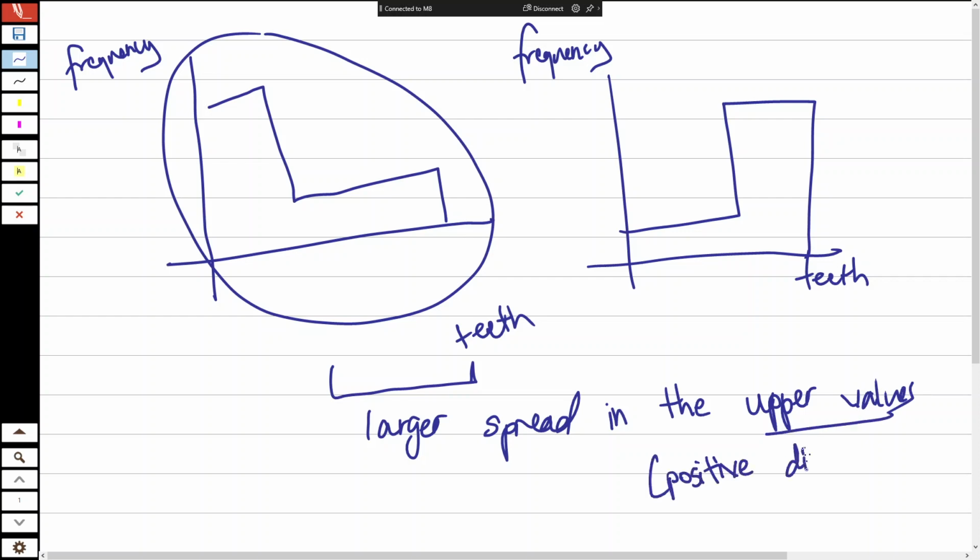So for that reason, even though the frequency is higher in the negative direction, the spread is larger in the positive direction, and we define that to be positively skewed. Okay? So I reckon most of the class got this question wrong. So it's something that I think I may test you on next week. Okay?